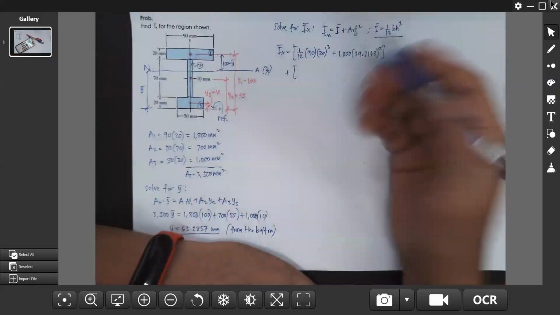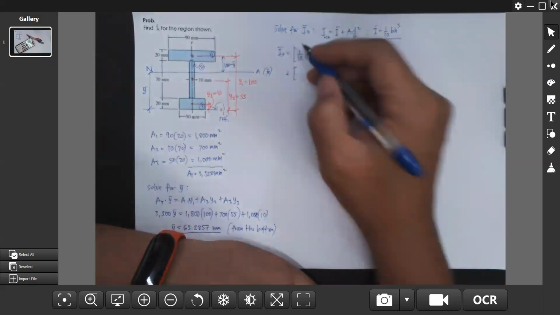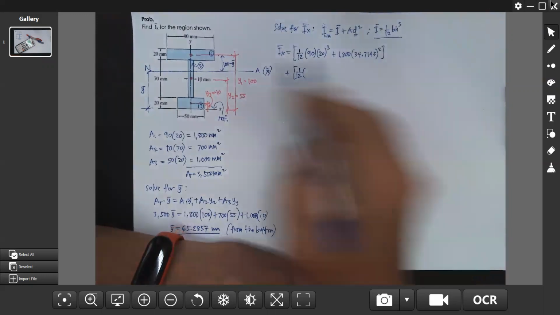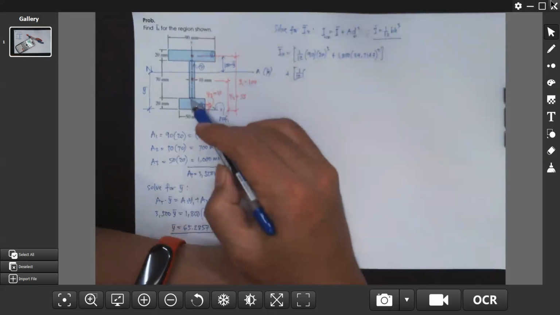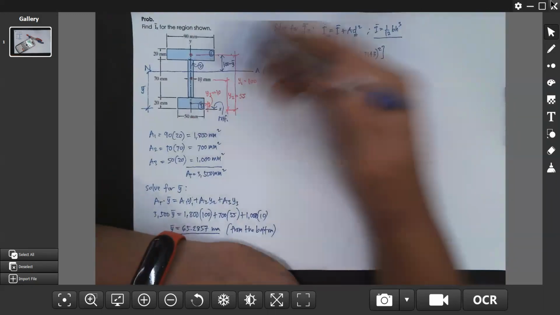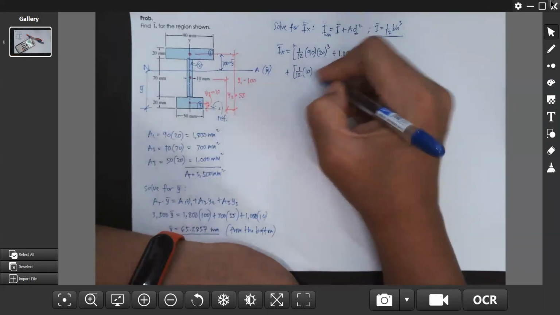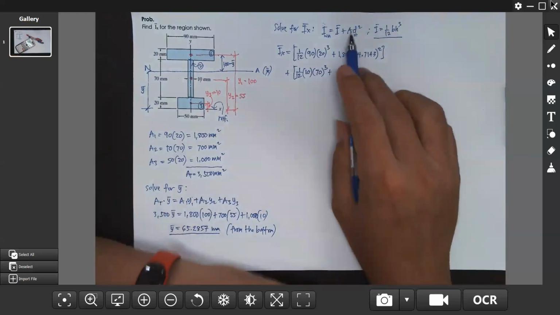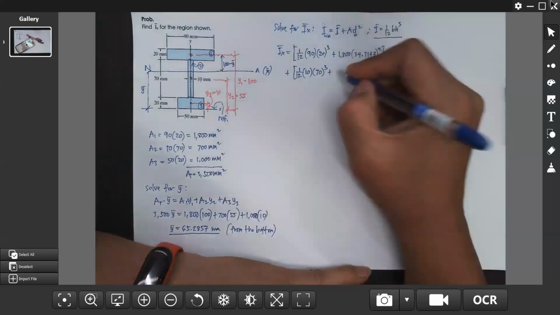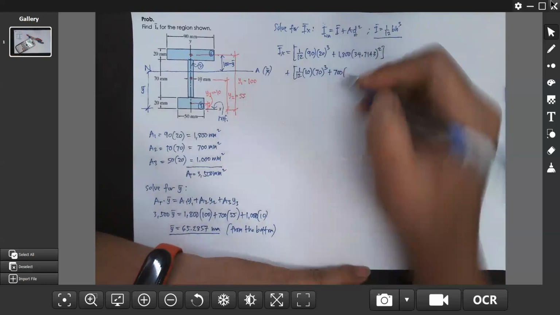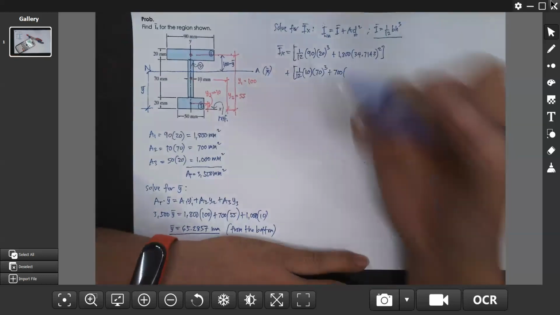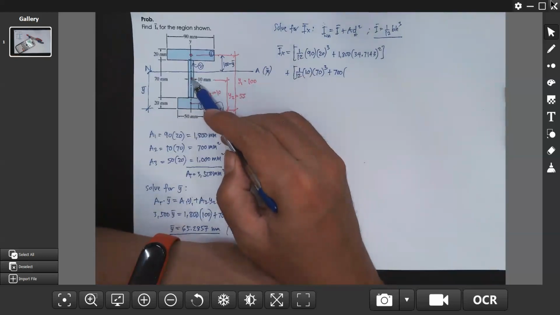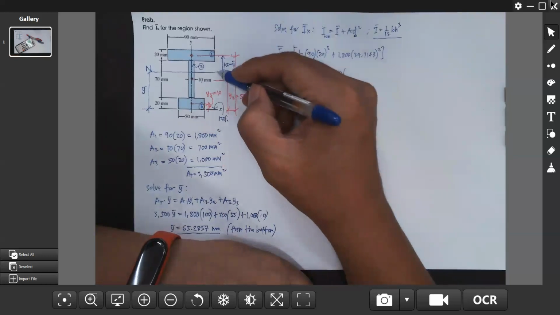Plus element number 2. For element number 2, same formula, 1/12, the base is 10, the height is 70. So we have 10 times 70 cubed plus area. The area of element 2 is 700. D is the distance between the centroid of element 2 and the neutral axis.